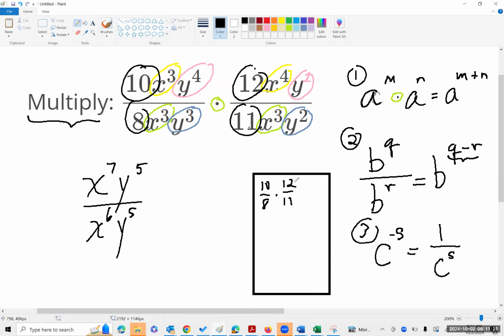And there's a couple of ways to handle this. What comes to my mind is to reduce this fraction here. So 10/8 is divisible by 2. So this is 5/4.